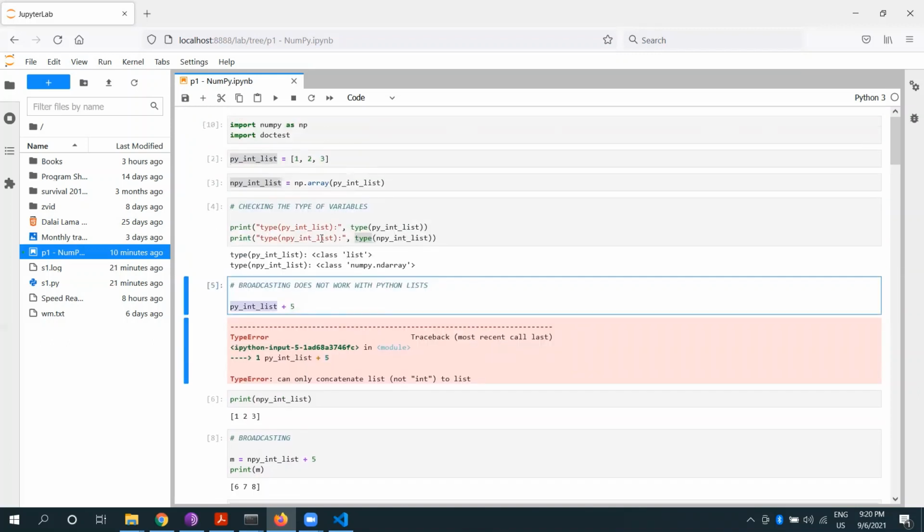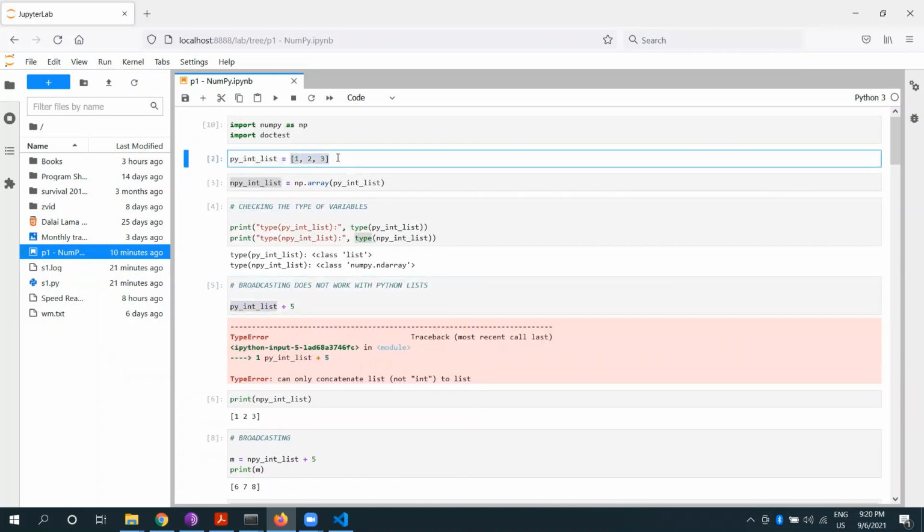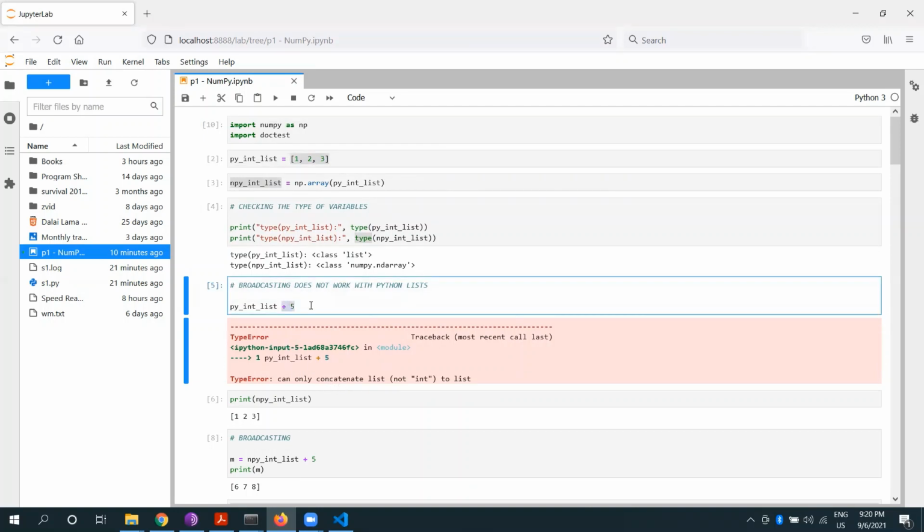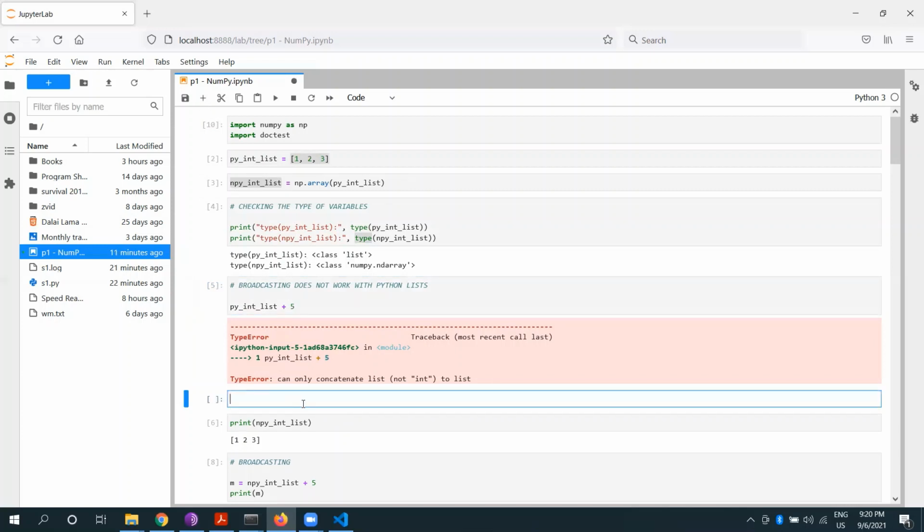With a Python int list of three numbers, if we try to add 5 to them, the Python int list would fail. Why? Because when we say plus 5, it tries to think that this is a string, or not an int, and a concatenation operation is happening.